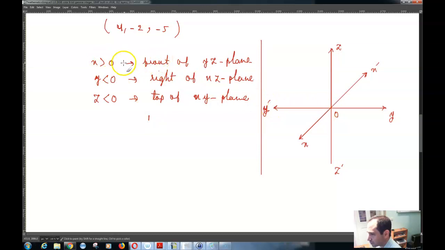No, not there. So your x is positive, which means that you're to the front of the YZ plane, but your y is negative.